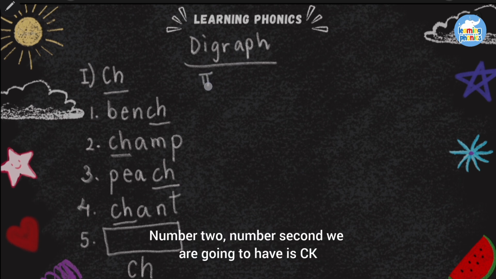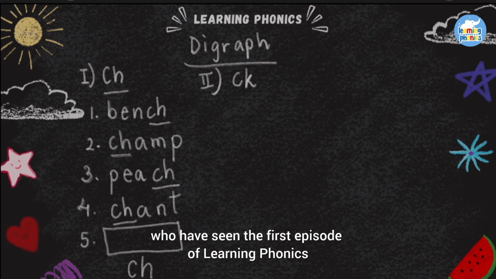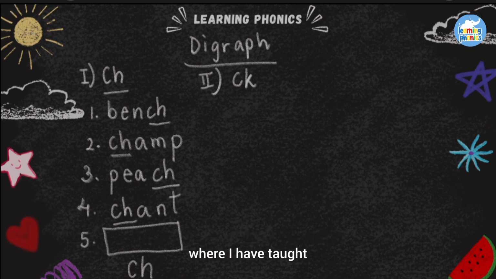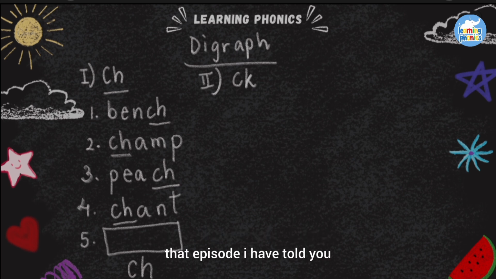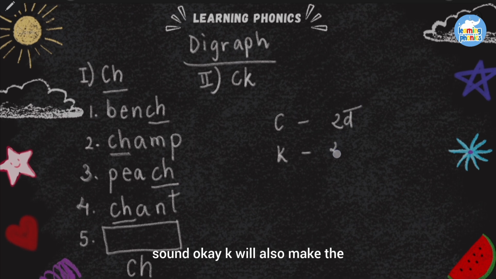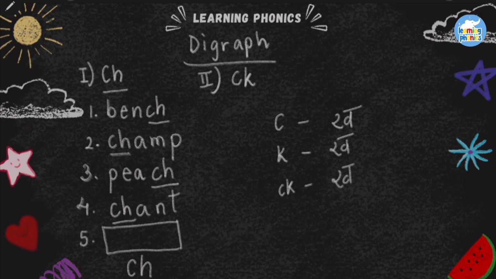Number second we are going to have is CK. Okay, so the ones who have seen the first episode of Learning Phonics, where I have taught all the 44 plus sounds, in that episode I have told you that C will make the sound, K will also make the sound, and CK together will also make the sound.